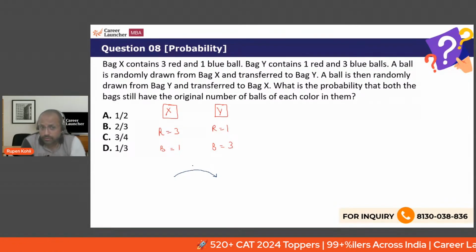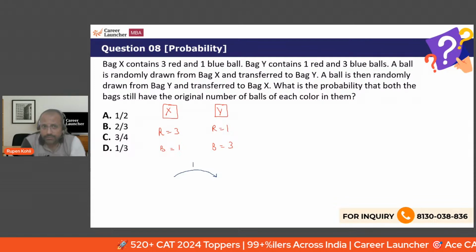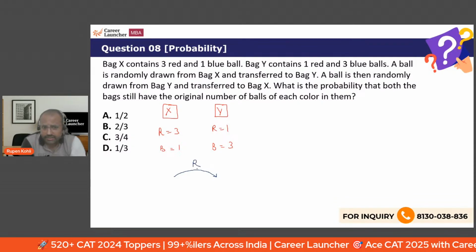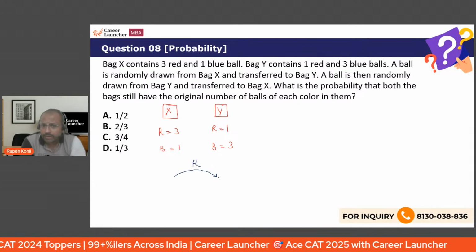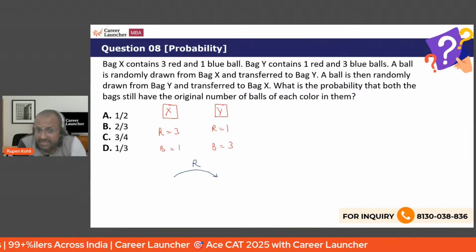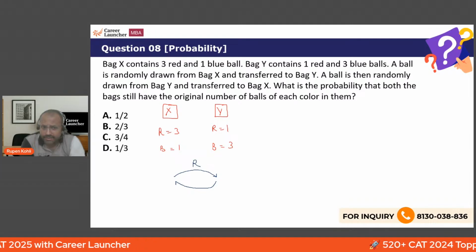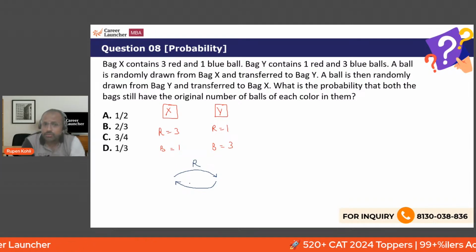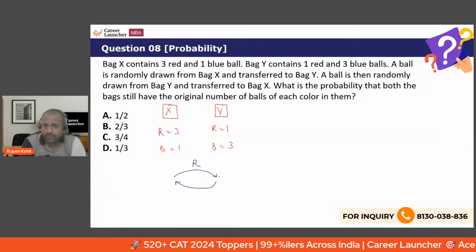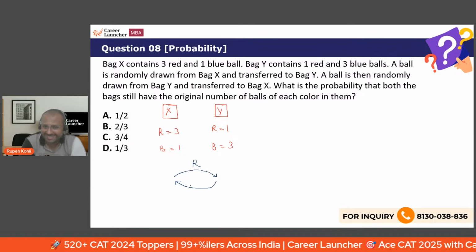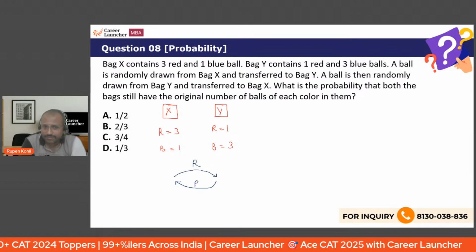Either you draw a red or you draw a blue. If you draw out a red and then one red has come over here and increased the number of red balls, what you need to pick back again from the bag Y and put back in bag X. So you are still having the same configuration. Whatever comes in must go out, so that we are still having the same thing.